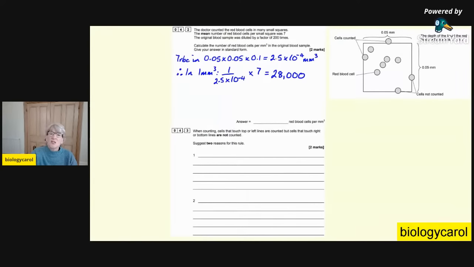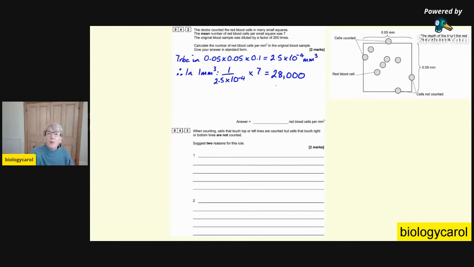7 red blood cells in 2.5 times 10 to the minus 4, because on my calculator it was 0.0003025 in that volume of blood. So therefore, I've got to scale this number up, scale this 7 up.